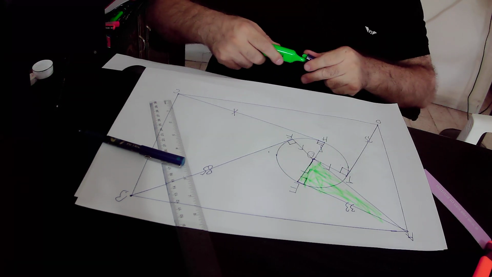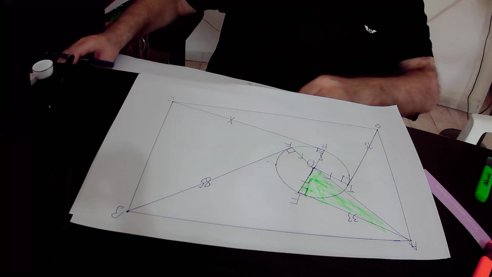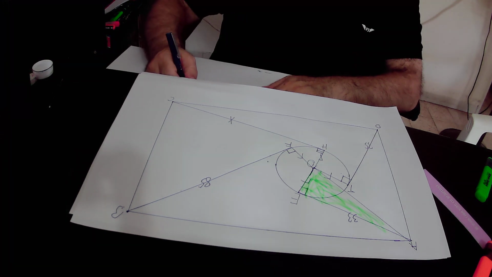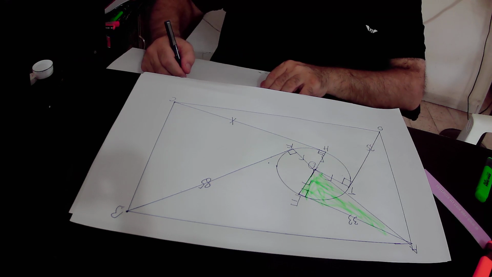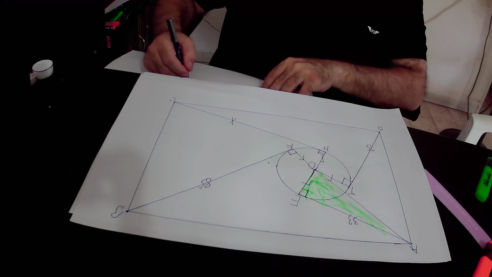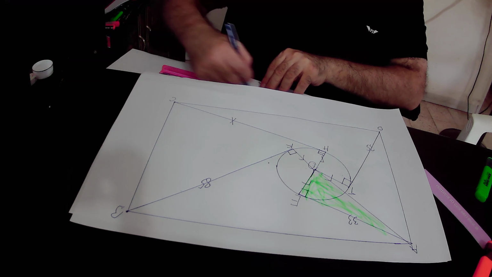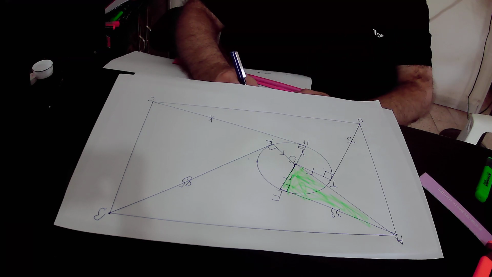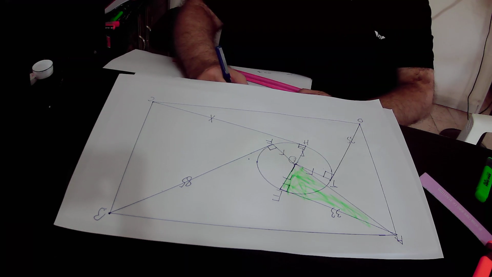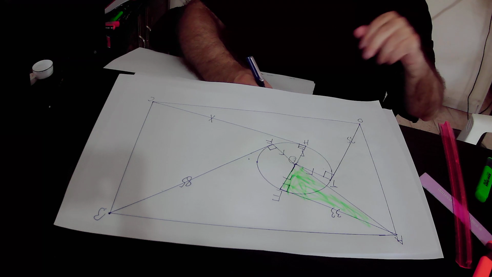According to the Pythagoras theorem, in triangle AOE, the right green triangle, the square of the hypotenuse equals the sum of the squares of the perpendiculars.